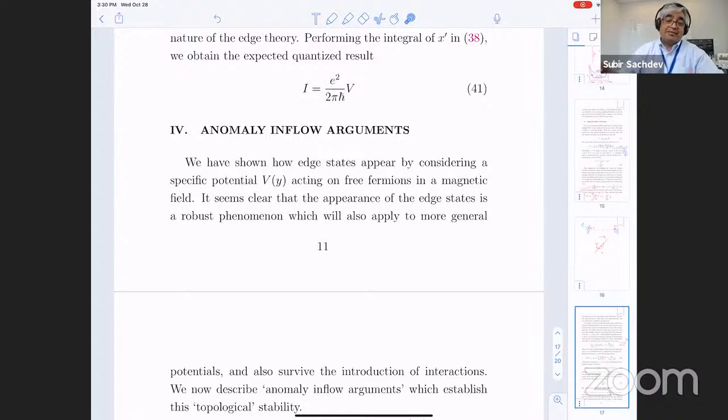But you might worry, well, if you had a more complicated geometry, maybe there's some situation in which the edge states don't appear, and the conductance is not quantized. It's not really a rigorous argument, but you can make it more rigorous by the idea of anomalies, which is now I'm going to try to present my understanding of. And maybe, I don't know if Juven is listening, but hopefully this will make Juven happy.